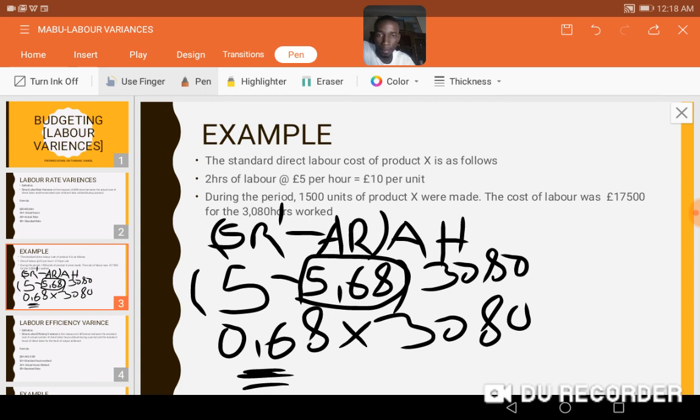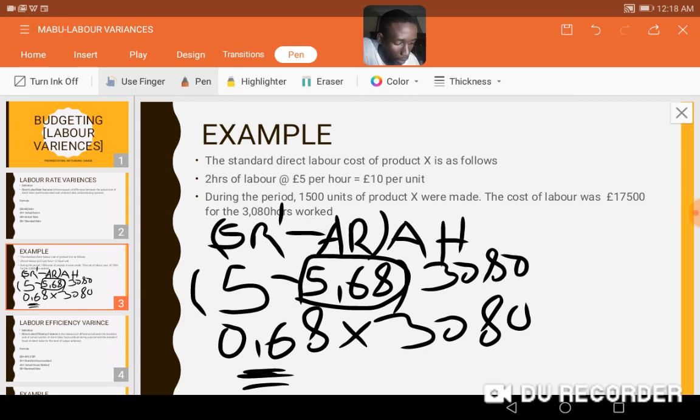Therefore, let me just punch it in full on the calculator. So yes, I have the exact answer. 17.5 divided by 3080 equals 5.68.